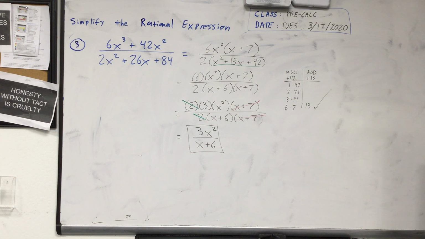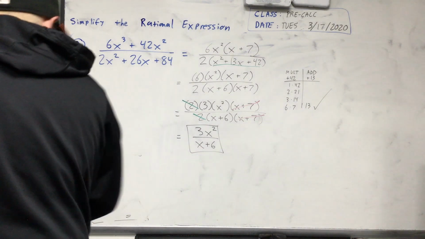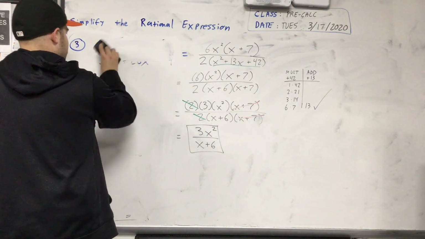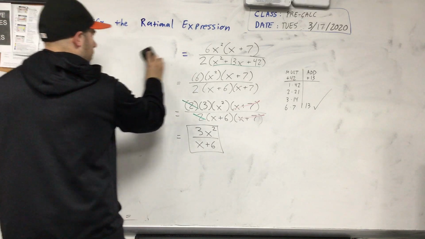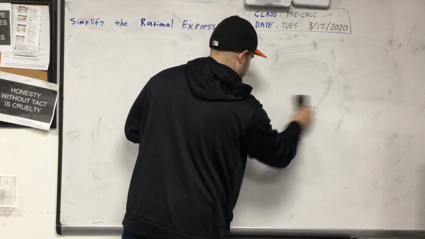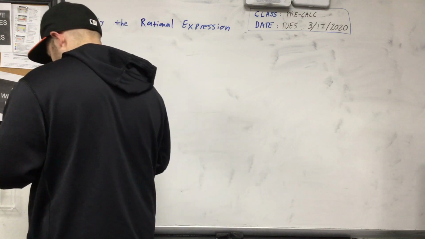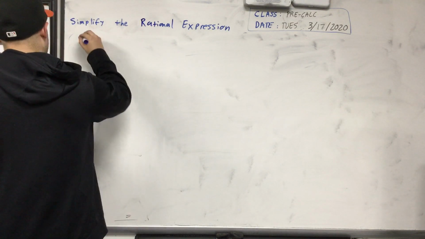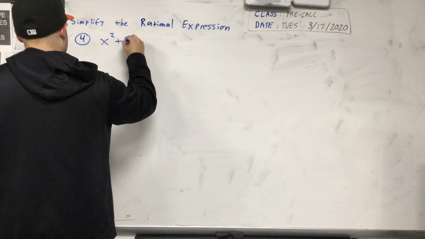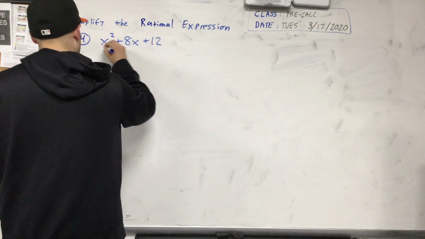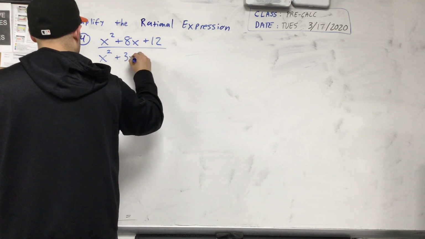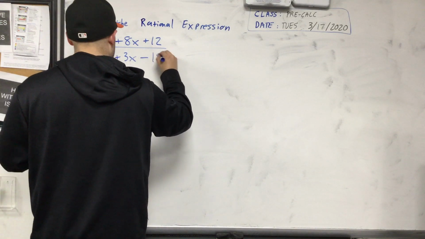All right, moving on to problem number 4. Again, you can pause the video as you see fit. All right, number 4: x squared plus 8x plus 12 over x squared plus 3x minus 18.